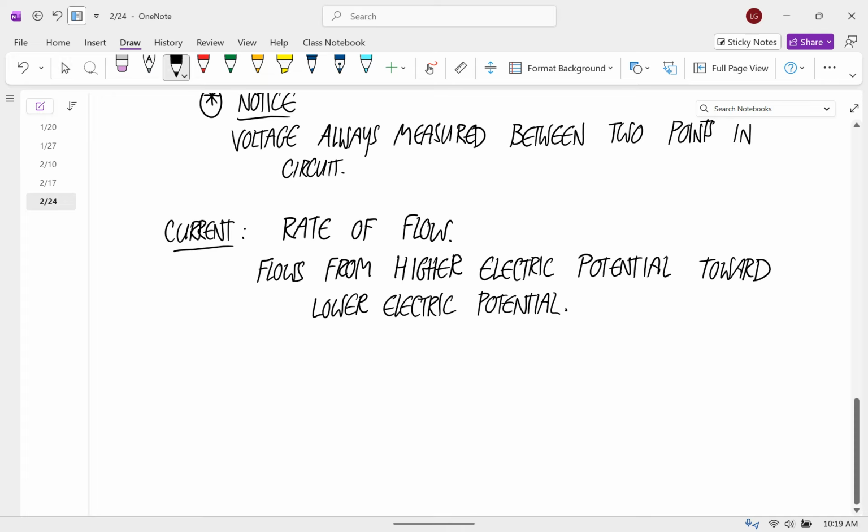The SI units for current are amps. It's really short for amperes, which is a guy's name from a long time ago. But everyone just calls them amps. And it's abbreviated with a capital A. And it's important to notice that current has a magnitude and a direction.